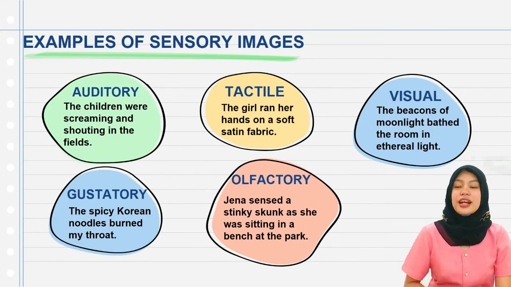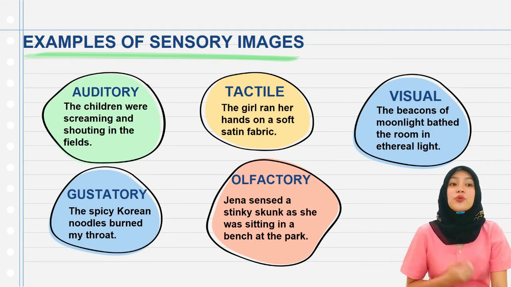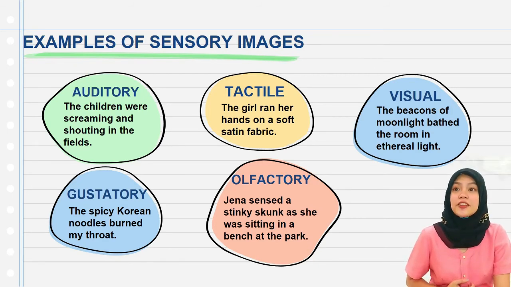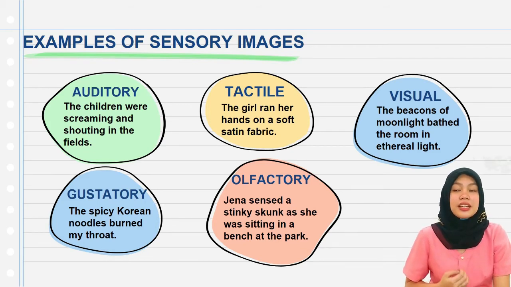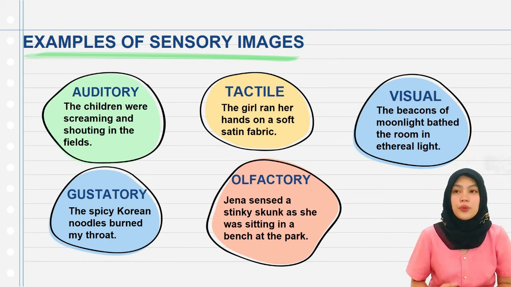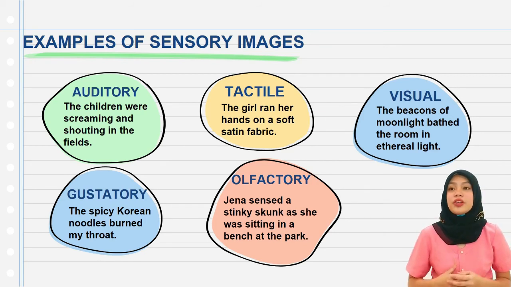So I have here some examples of sensory images. For the auditory: the children were screaming and shouting in the field. So the words here are screaming and shouting. Very good. For the tactile imagery: the girl ran her hands on the soft satin fabric. So the word here is soft. Okay, for the visual imagery: the beacons of moonlight bathed the room in ethereal light.